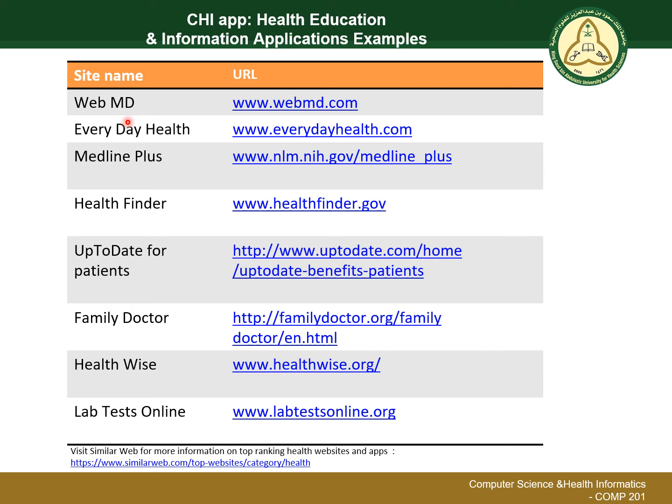So the patient can enter his age, gender, and symptoms, and the tool will suggest some problems or diagnoses for his condition. And we have Everyday Health, and this is a free website that offers disease information, forums, health calculators, a physician finder, and also a symptom checker.